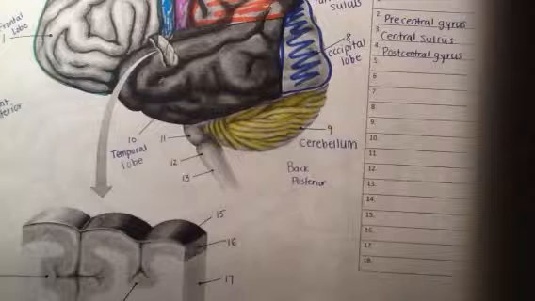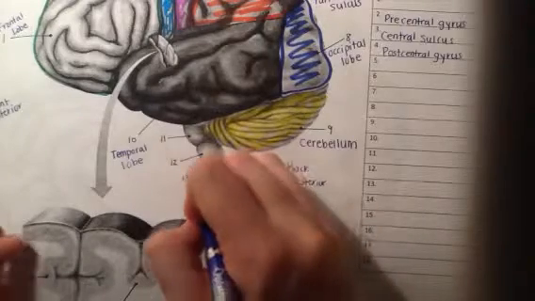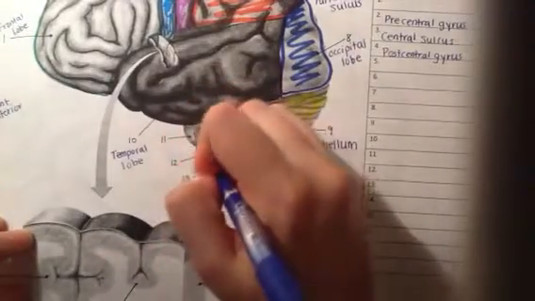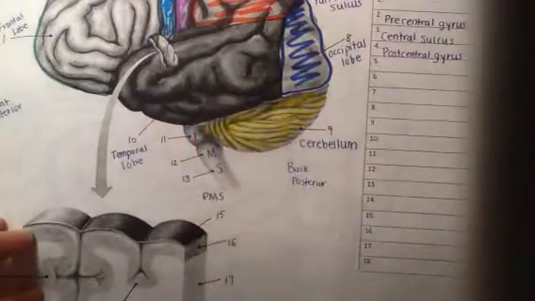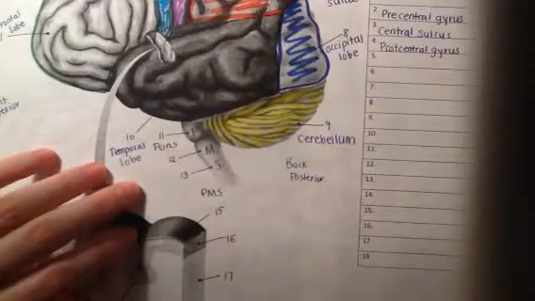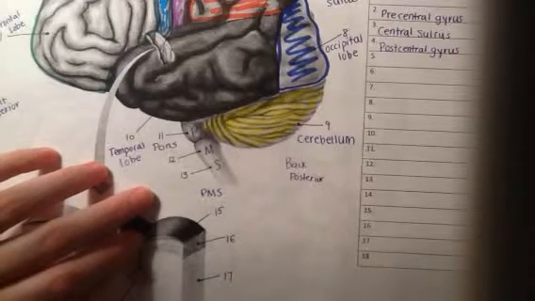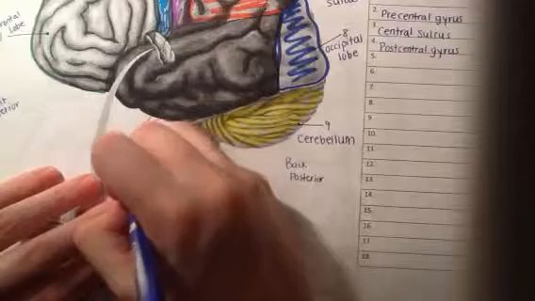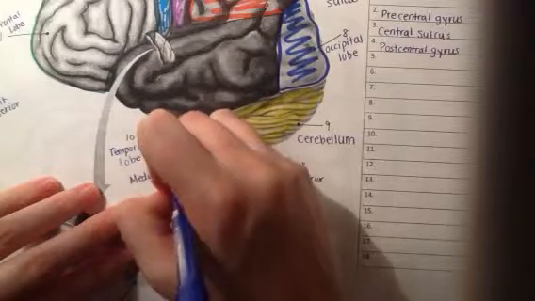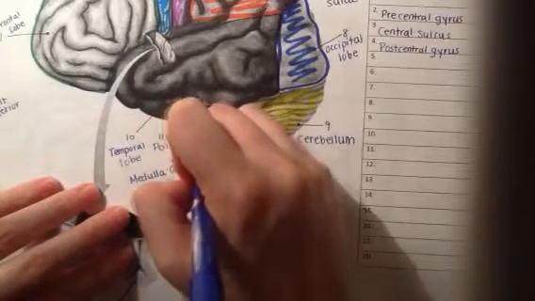11, 12, 13 is the brain stem. Collectively, they're the brain stem, but it's split into 3 parts. And it's really easy to remember the 3 parts because the acronym is PMS. Now, 11 is P, 12 is M, 13 is S. And that stands for, 11 is called the pons, P-O-N-S. 12 is your medulla oblongata, M-E-D-U-L-L-A, O-B-L-O-N-G-A-T-A.